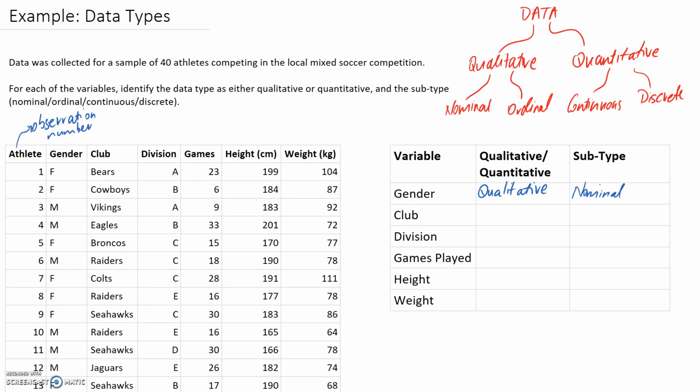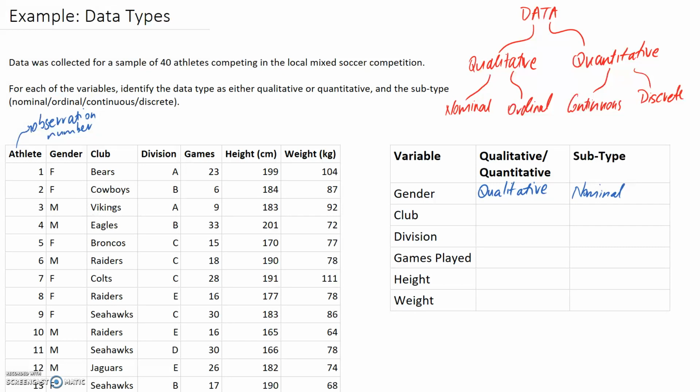Alright, so the next variable to work with is club. What we can see here is that people have answered with various different team names or club names. And what this would suggest again, the words are a giveaway, is that this is a categorical variable. You're either categorized as a Bears person, a Cowboys person, a Vikings person, and so on.